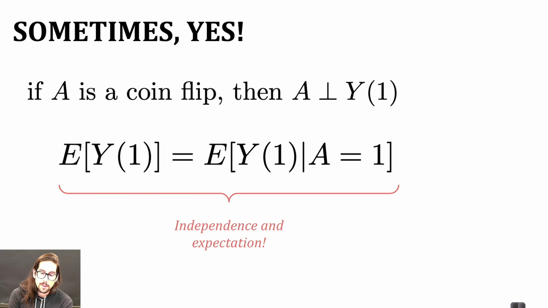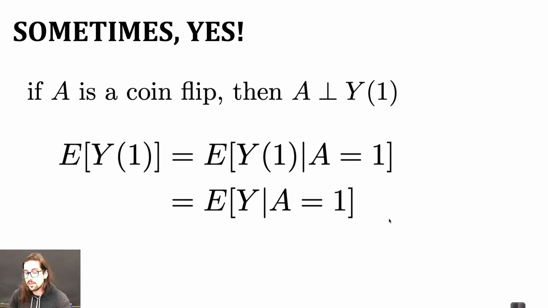And since it's independent, by the definition of independence, the probability distribution of y1, this potential outcome under treatment, is equal to the conditional distribution given A equals 1, because A doesn't tell us anything about the distribution of y1. And since it tells us nothing about the distribution, in particular, it also tells us nothing about the expectation. So this is a property of expectation and independence.